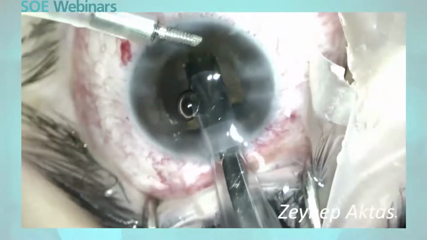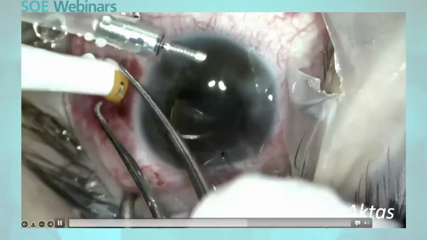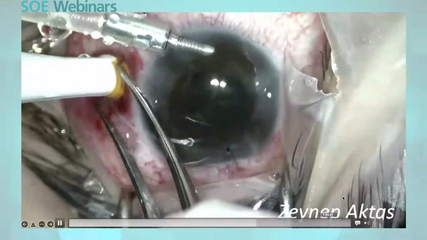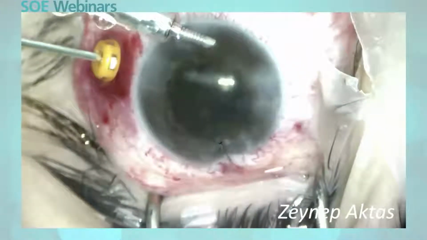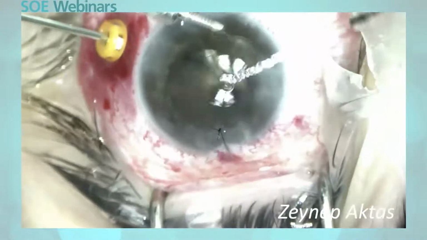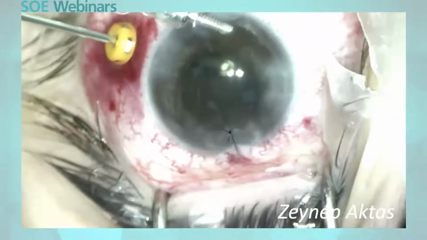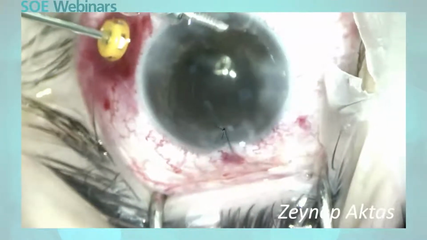After the lens implantation, at the end of the surgery, we did iridozonulohyaloid vitrectomy, since this eye has a high risk for development of malignant glaucoma.